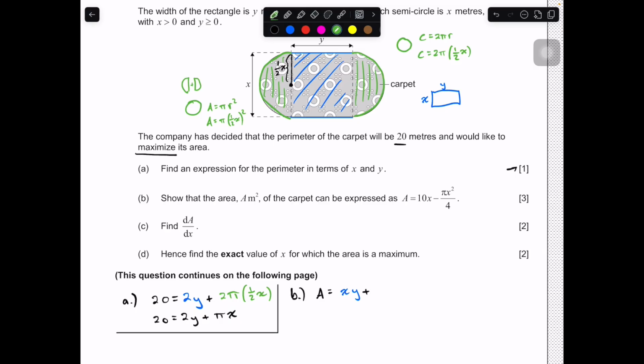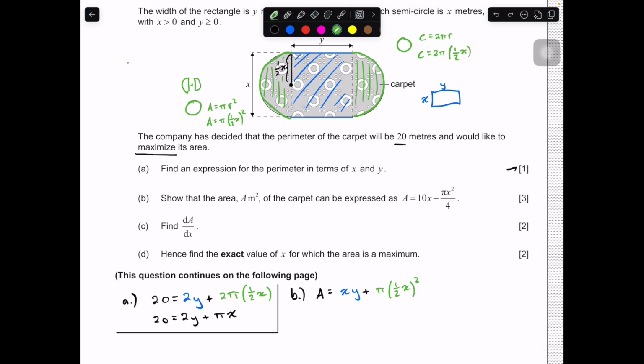So pi times y, and then this is going to be pi times 1/2 x squared. I'm just going to clean this part up just a little. So what is 1/2 x times 1/2 x?